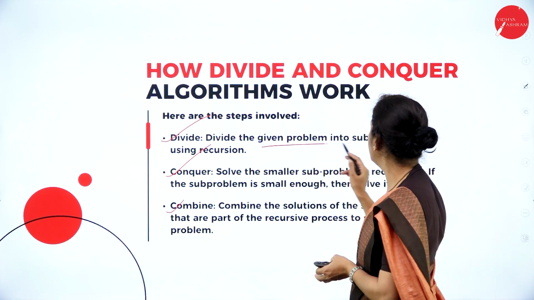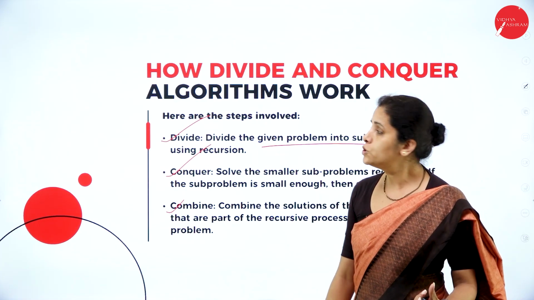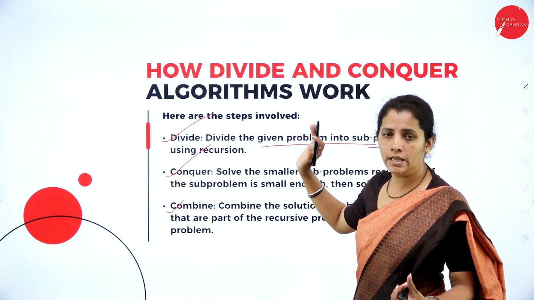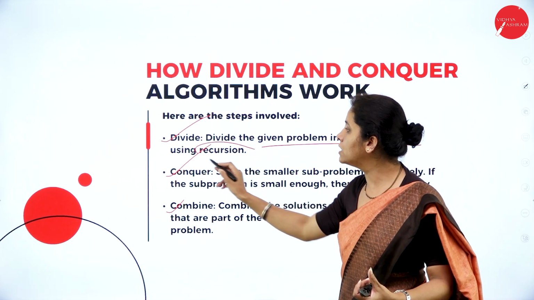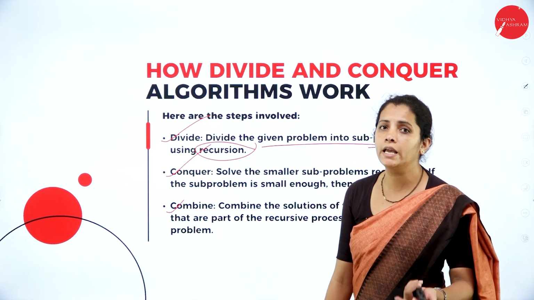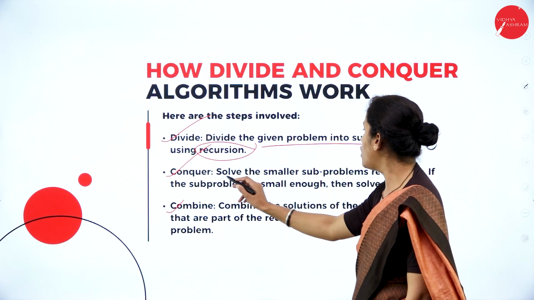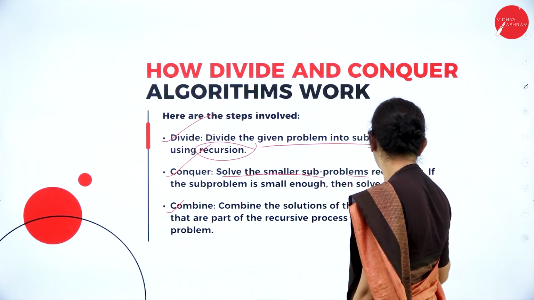So dividing the given problem into sub-problems using recursion. In the divide and conquer technique, we use the concept called recursion. So what is recursion? Calling the same method again and again until the given condition is true. Then solve the smaller problem recursively.